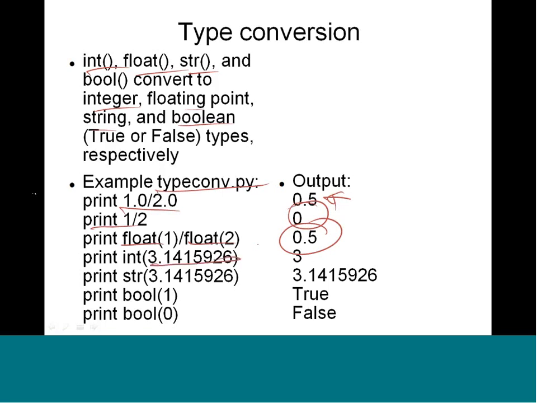Now you can convert this floating point into an integer by simply operating on it as an integer, and then the result is just 3. And if you do a string, the result is exactly the same, because in a string they don't have any meaning, it just reports a string. Now the bool function of 1 is true, and the bool function of 0 is false.